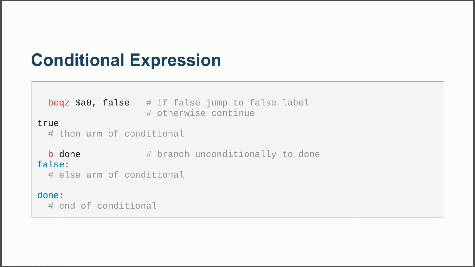So when you're writing the code here, you should write the beqz $0 false, or instead of false you should have some helper function to generate a random label. And we have a label true. Again, you should not use true, you should use some helper function to generate a label.